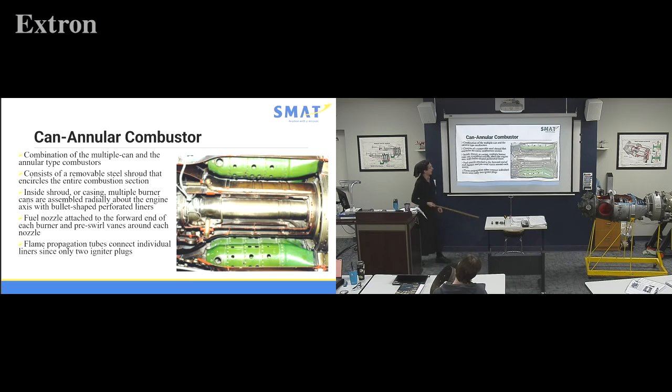And then it'll have flame propagation tubes to connect the individual liners, because there are only two igniter plugs. So only two of these get ignited, but I don't see it on here. There will be a small tube connecting the cans so that flame can spread from one to the next.